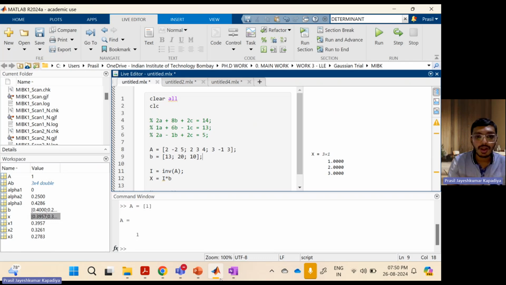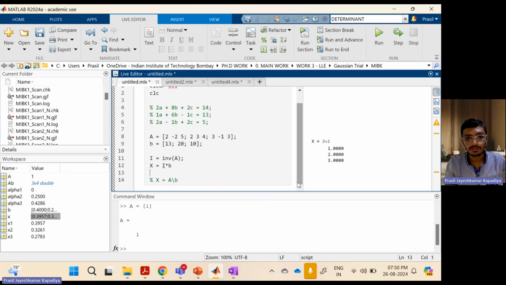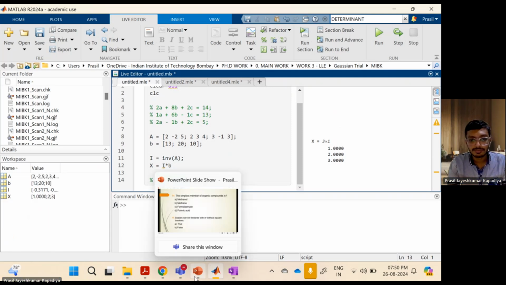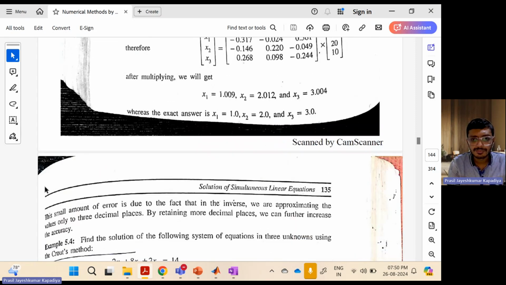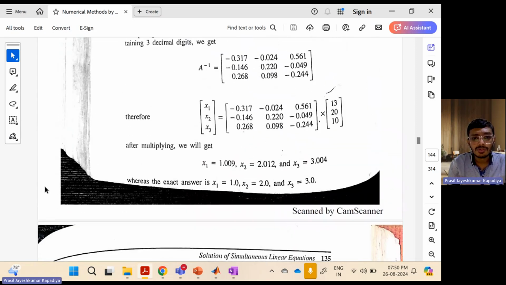So I need to find the inverse of A and then I will multiply it with B. So let's see what we are getting. I'm getting 1 2 3. I should get 1 2 3 or not. Let's check from here. It is 1 2 3. Okay.